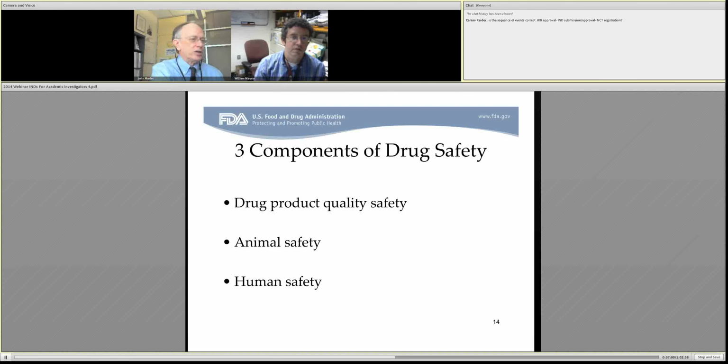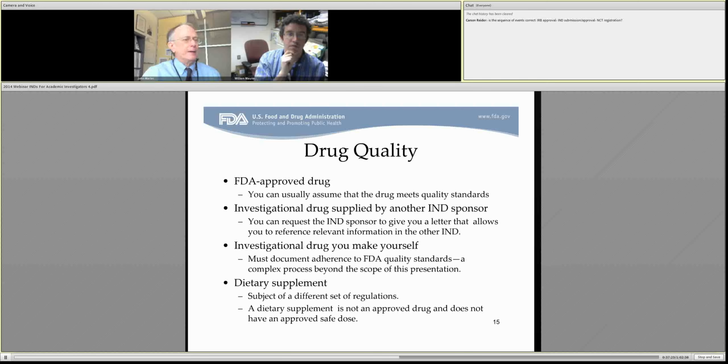Drug companies take care of that when they get a drug approved. There are situations, and I've been involved with them when I was at NIH, where an academic investigation had to stop and go back and thoroughly do the animal studies before they could move forward to test in humans. And then there's human safety, and more on that.